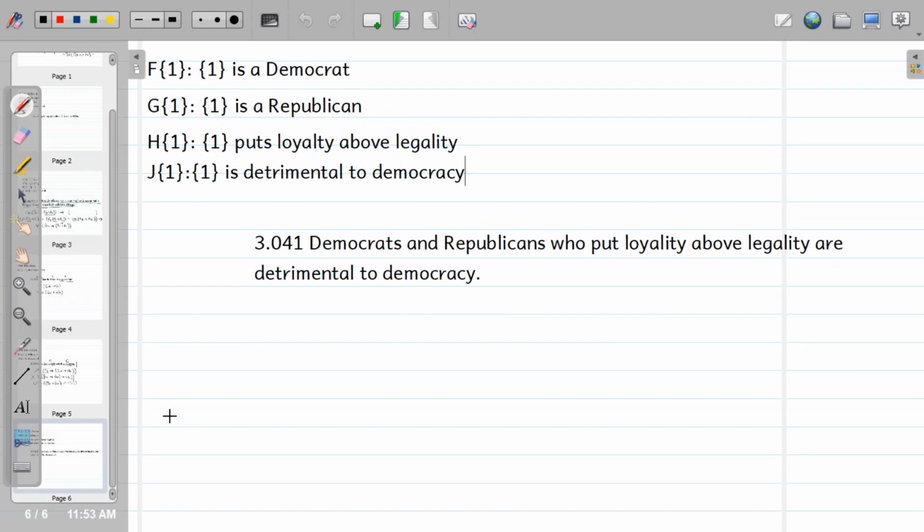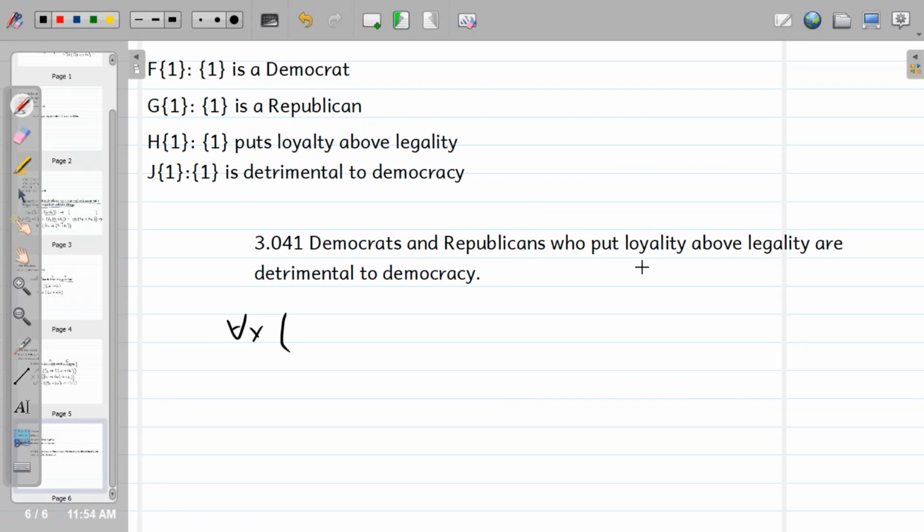Democrats and Republicans who put loyalty above legality are detrimental to democracy. Okay. So, we're saying something universal here. It's a categorical claim. It's going to be for all x. Yeah? So for all x, and we've got a complex topic here, right?